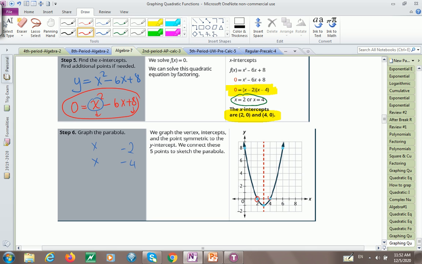Those two are x-intercepts. This is a scale graph, by the way. That is our y-intercept. Okay, that's our line of symmetry. Again, that's an important one. x equals 3, vertical line. And also that point, right? See, it's the vertex, (3, -1). Some textbooks call it the turning point. So that's our graph.